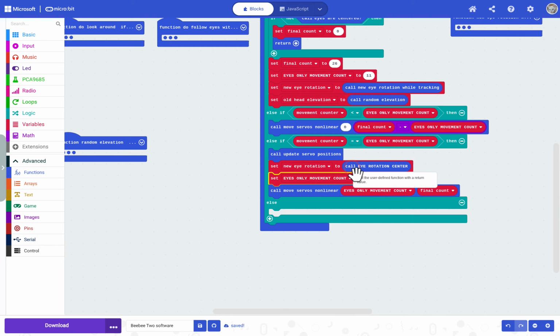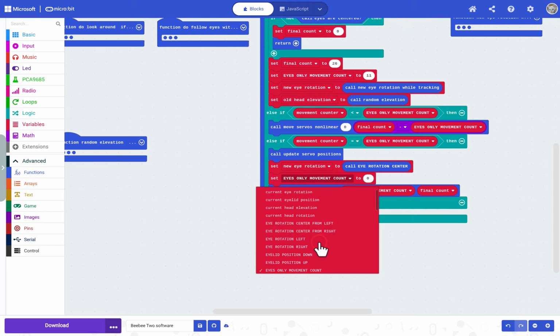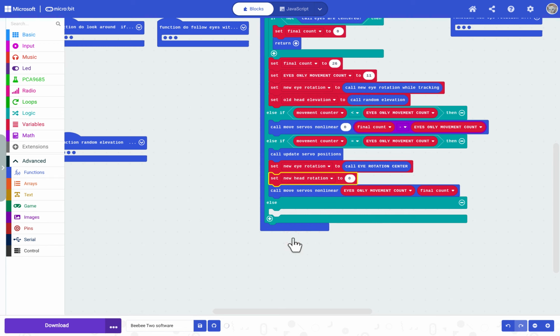What we've done with elevation is we've updated the servo positions, so we're going to continue on with our movement. All right, eyes only movement. Nope, we want our new head rotation.